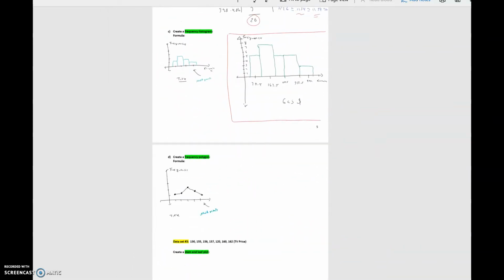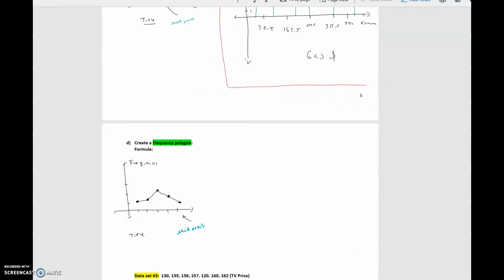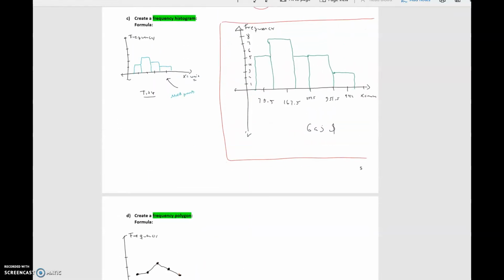Our last graph that follows the frequency distribution is a frequency polygon. A frequency polygon basically uses all the data from the frequency histogram, but instead of creating bars, you're going to be creating lines.